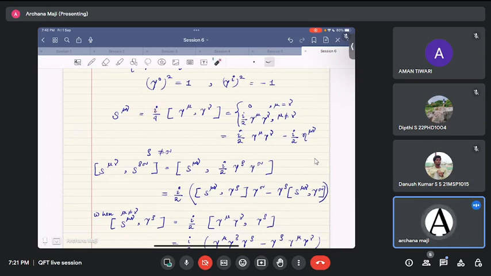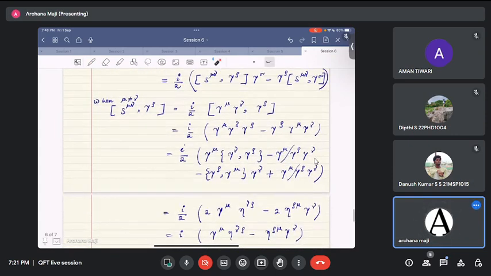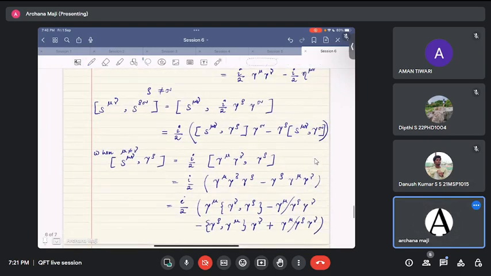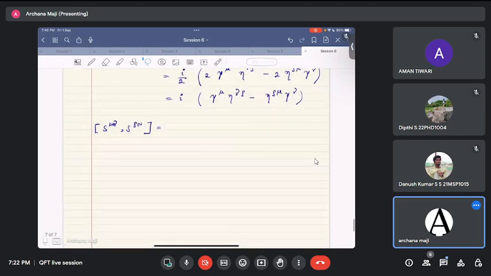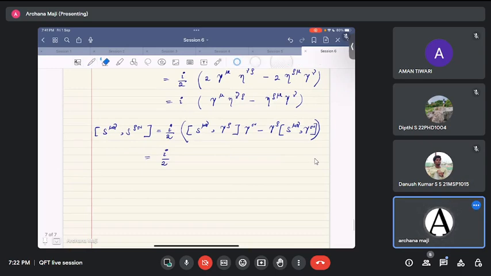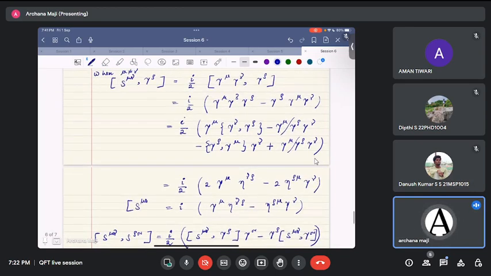We have an i here. Let's proceed. So S mu nu S rho sigma is equal to, let's just copy, i over 2, another i coming, so that will give us a minus 1 outside, and this was S mu nu gamma rho.